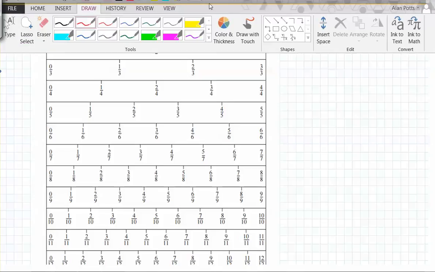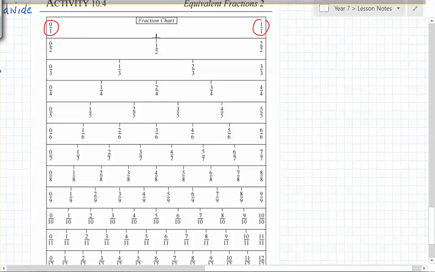Okay. But what they want you to do with this diagram, when you get your rulers out, is you take the 1 and you split it in half. And therefore you have 1/2 and 1/2. And then you do it with the 3/3.